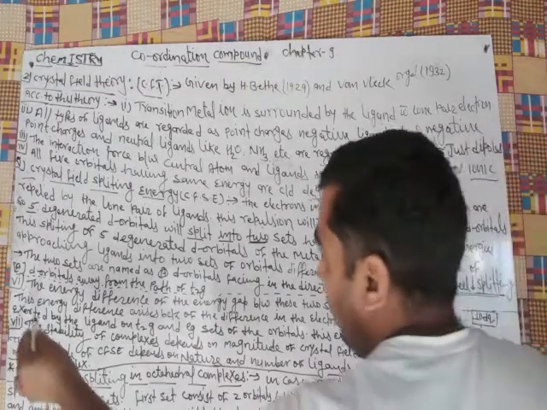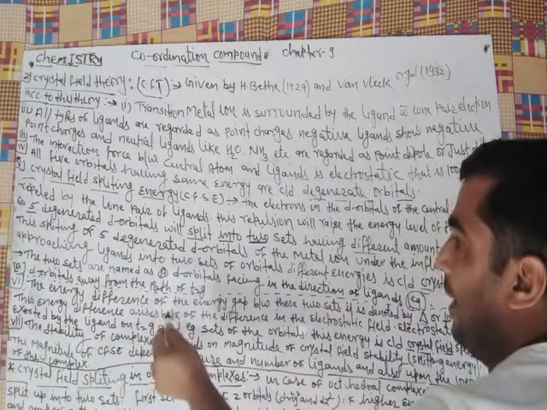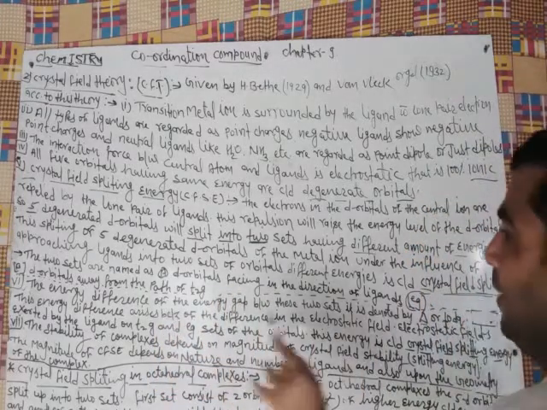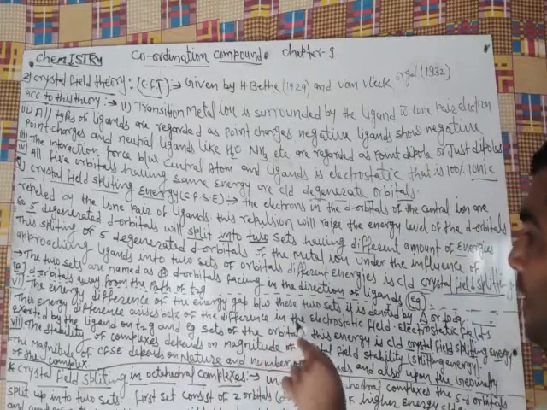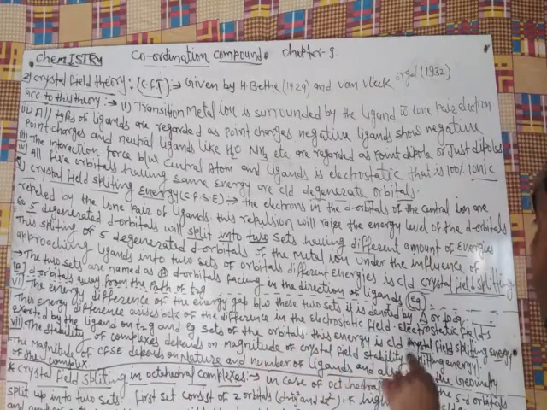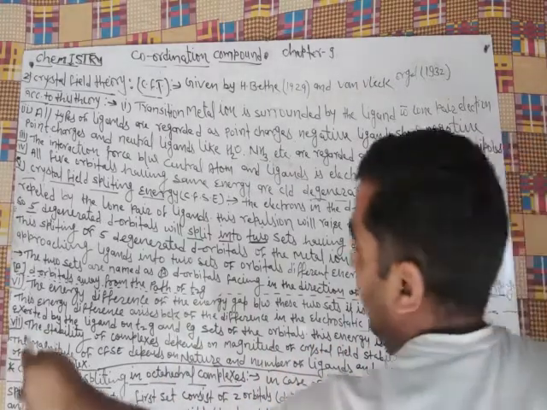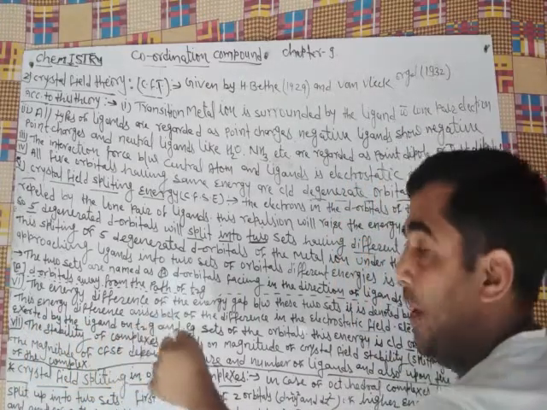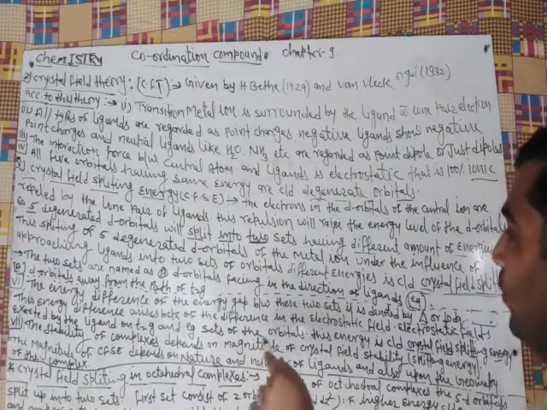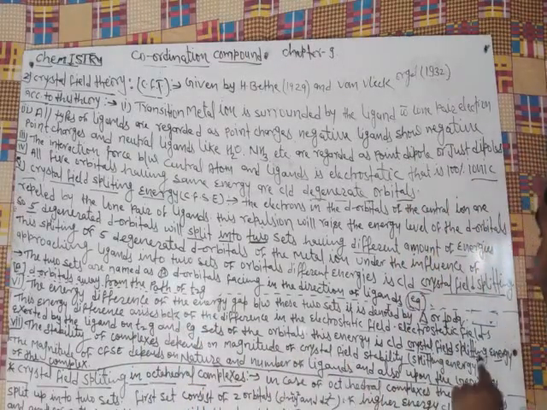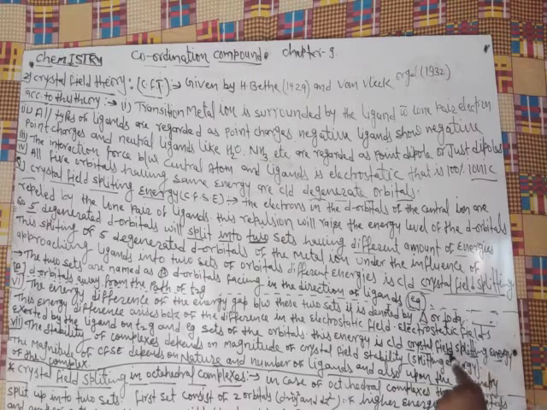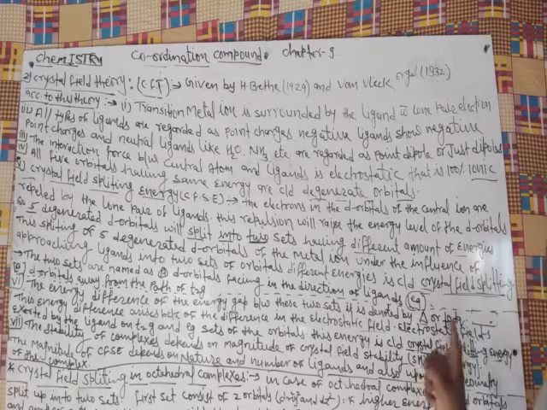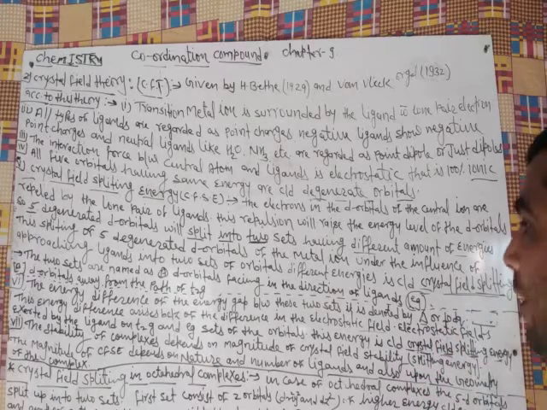This energy difference arises because of the difference in the electrostatic field excited by the ligands on the T2g and Eg sets of orbitals. This energy is called crystal field splitting energy, known as CFSE, and also represented by delta.